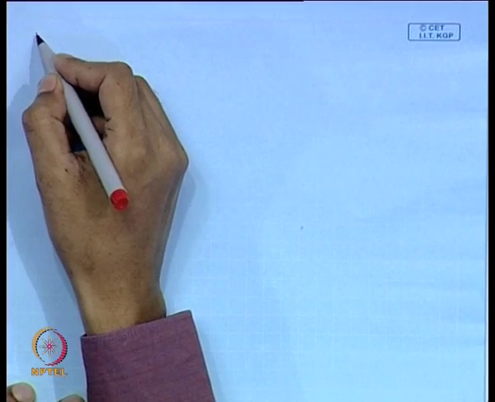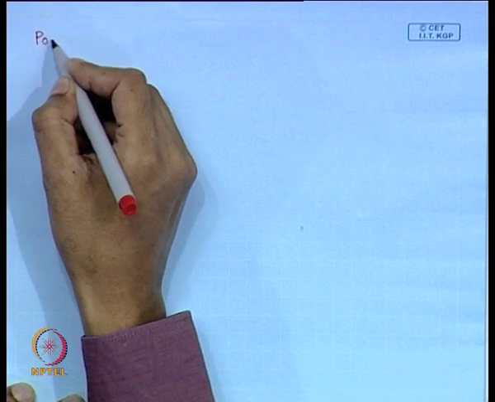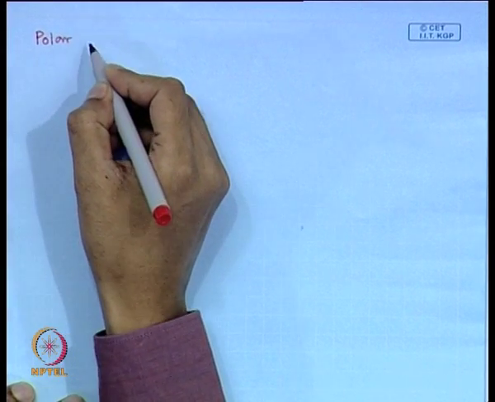Presently we are discussing the frequency response analysis. Under frequency response analysis, today we will cover the construction of polar plot. Previously we started the construction of Bode plot. Now we will discuss the construction of polar plot.